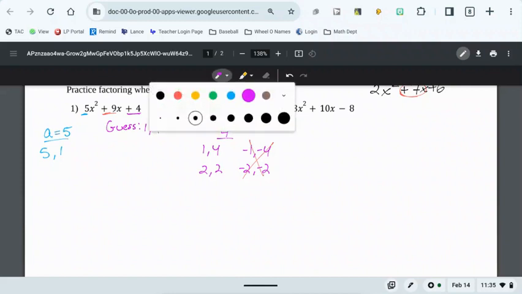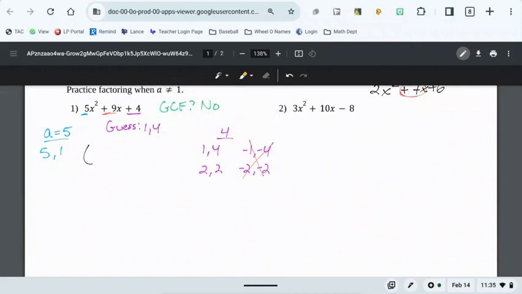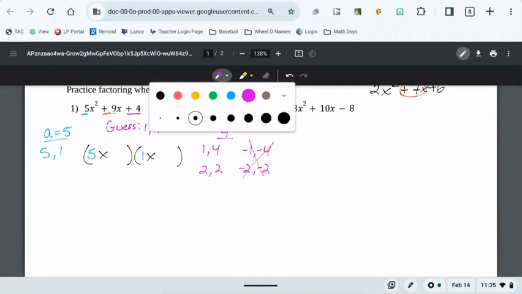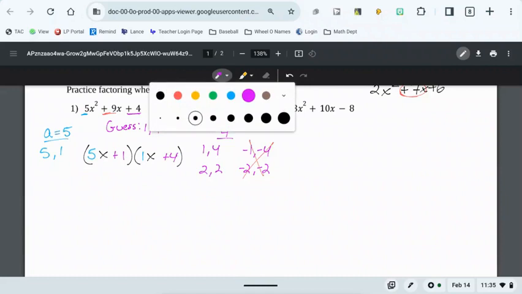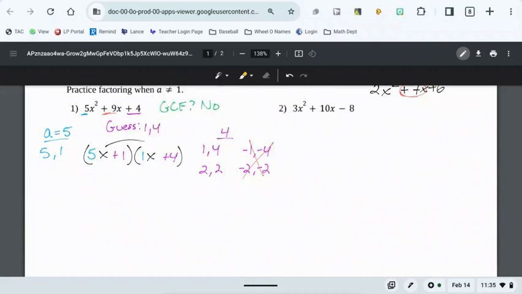1 and 4. So we have our outline. Again, trying to keep this color coded for you all. So we have 5 and 1, just so you can see where our factors are going. And we guessed positive 1, positive 4. So let's check it. Double distribute. 5x times 1x, 5x squared. 5x times 4 gives us 20x.